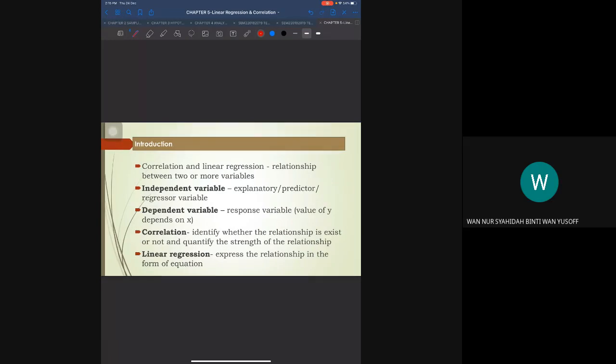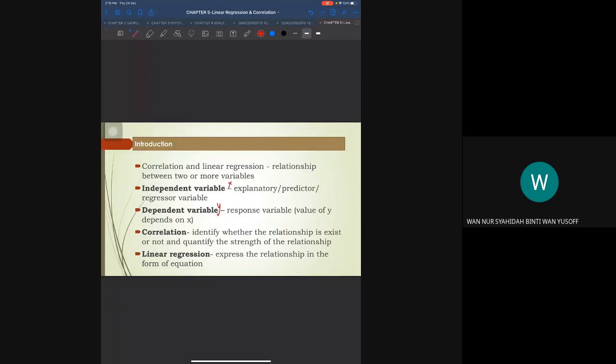Before that, the independent variable, or other terms that we use such as predictor or regressor, is denoted by X. And the dependent variable, another term for which is response variable, is denoted by Y. There is no rule to decide which one is X and which one is Y, so it depends on the question.